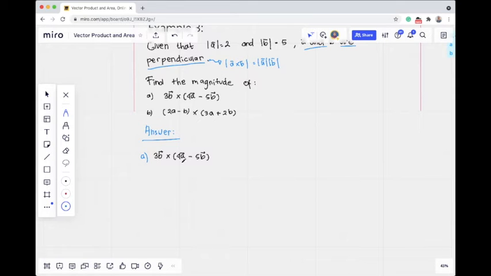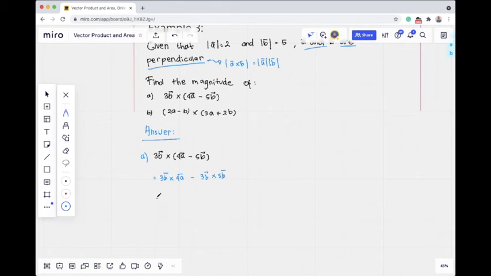3b cross 4a minus 5b. So using the above rules, 3 vector b cross 4a minus 3 vector b cross 5b.